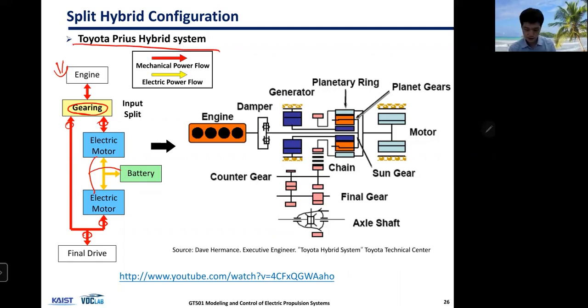And if you take a closer look at the mechanism of the Toyota split hybrid system, okay, this is just one type of split hybrid. And if you look, there is this planetary gear set. Okay, this is a planetary gear set.